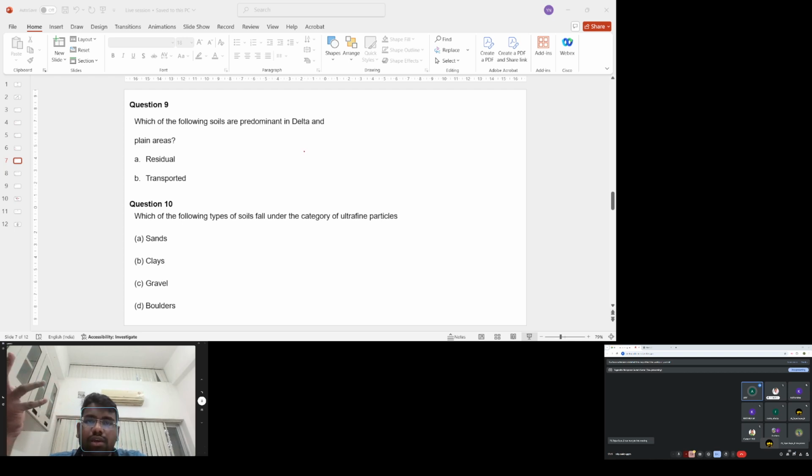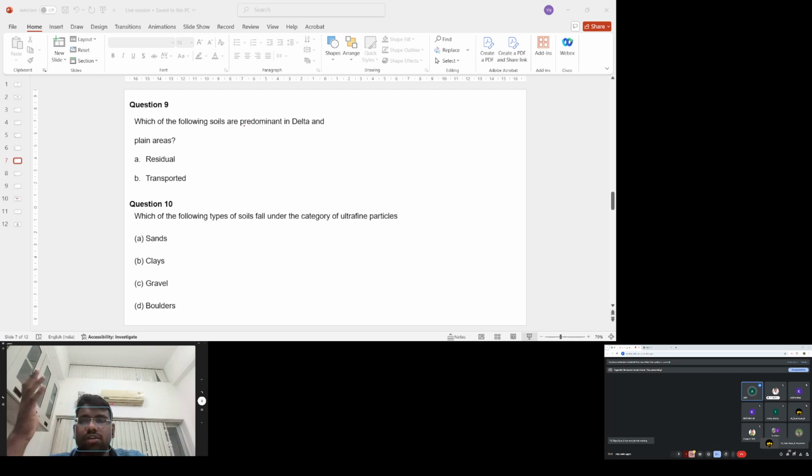For filters and other applications, we can use them. It will be useful, but if you consider it as a foundation material, then its aspects will be different. Transported soil we can use in different applications.